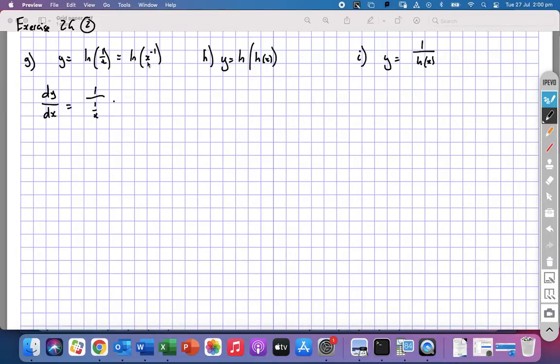It will be the derivative of x to the power of minus 1, which will be minus x to the power of minus 2. 1 divided by 1 on x, we could times by x. These x's cancel. You're just left with x.